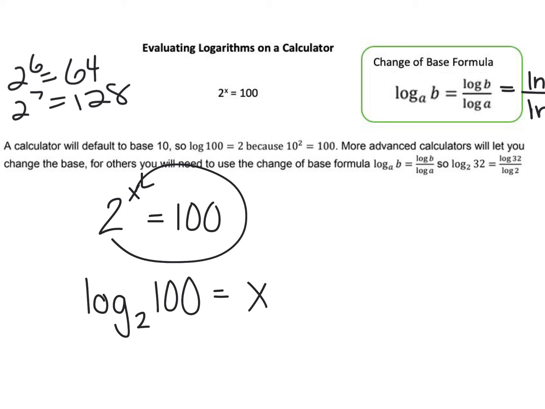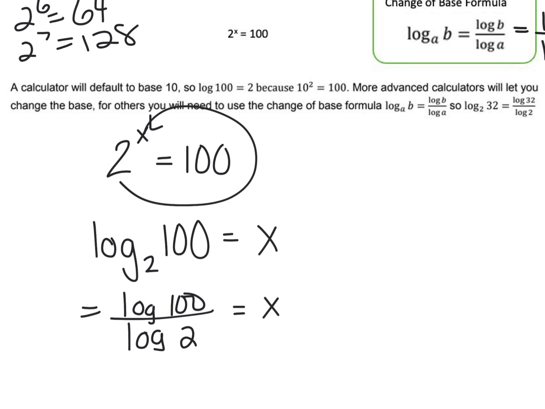But I can use my change of base formula, which says that this is equivalent to the log of 100 divided by the log of 2. And you can just type that in your calculator and you're going to get a decimal value. When I do, I get that x is approximately 6.64, rounded to 2 decimal places.